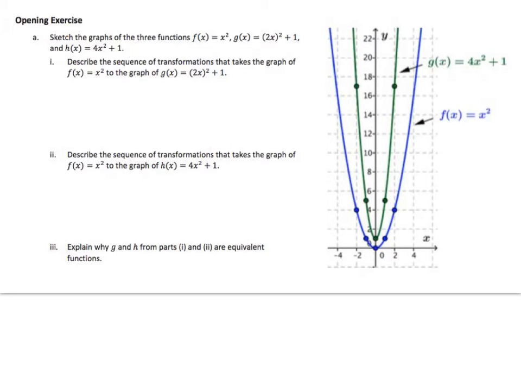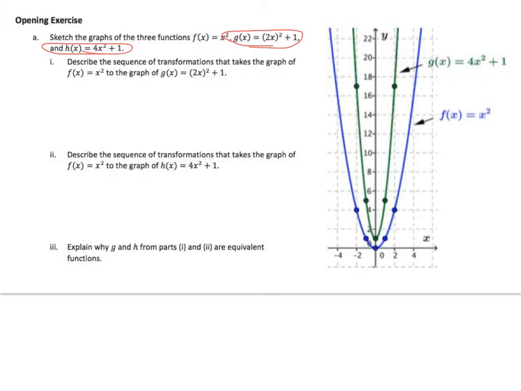Sketch the graph of the three functions f of x equals x squared, g of x equals 2x squared plus 1, and h of x equals 4x squared plus 1. I'll show you right here. If you look at these two equations, that wasn't circled very well. They're the same, right?